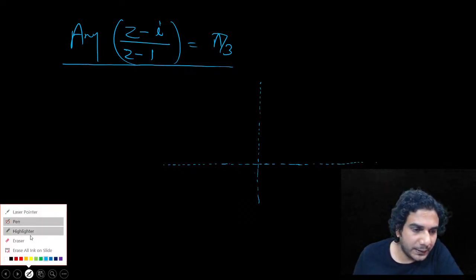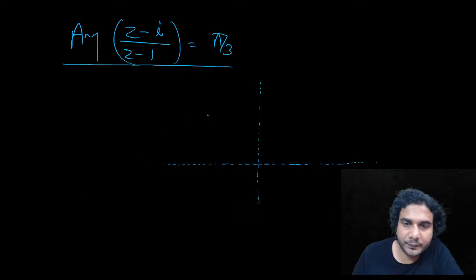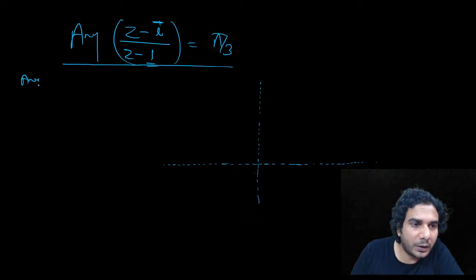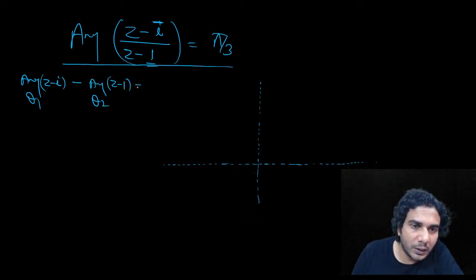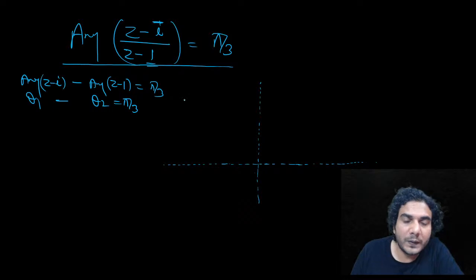Okay, see, one point Z1 is iota, Z2 is 1, okay? So it is written that argument of Z minus iota, which is theta 1, minus argument of Z minus 1, which is, say, theta 2, is equal to pi by 3. So theta 1 minus theta 2 is equal to pi by 3, okay? So we need to take the difference of directions of Z minus iota and Z minus 1.